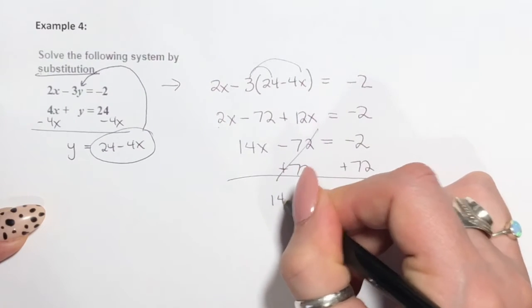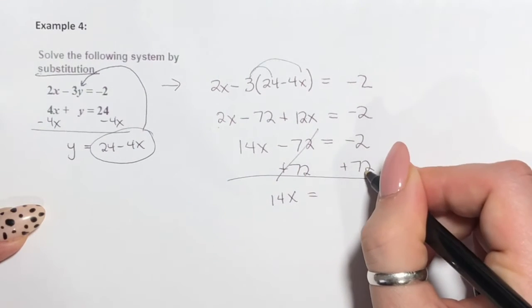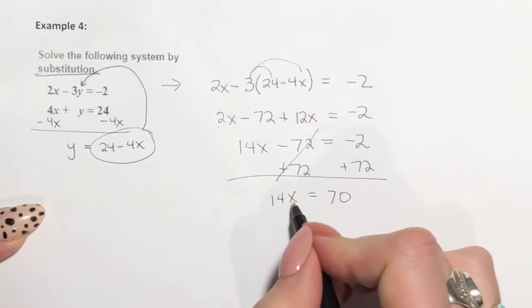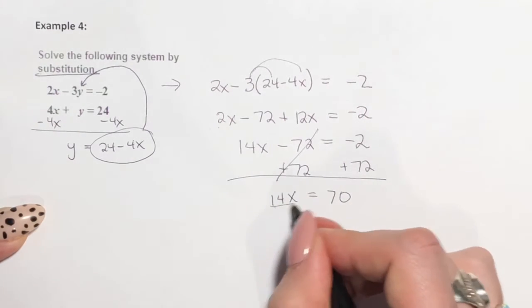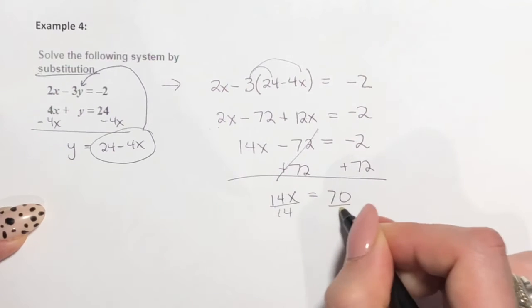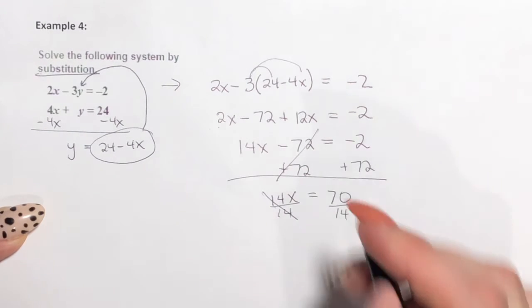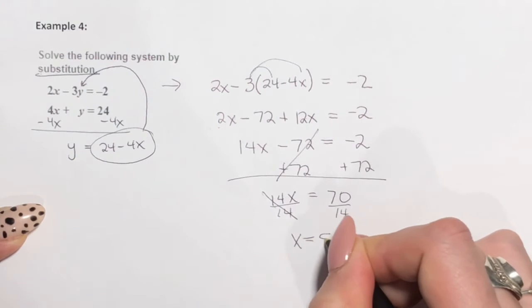We get 14x is equal to -2 plus 72, which is 70. And then now, to solve for x, we need to get rid of that 14. We'll divide by 14. And so if we divide 70 by 14, that gives us x equals 5.